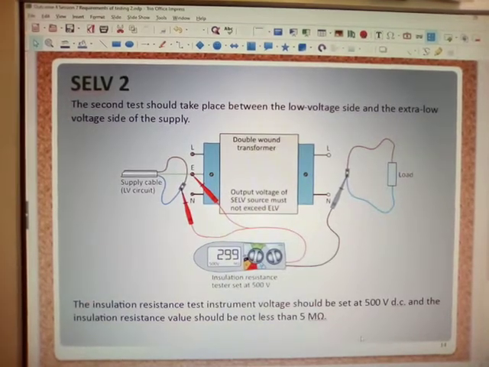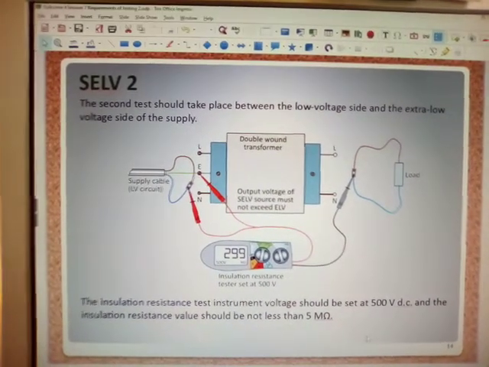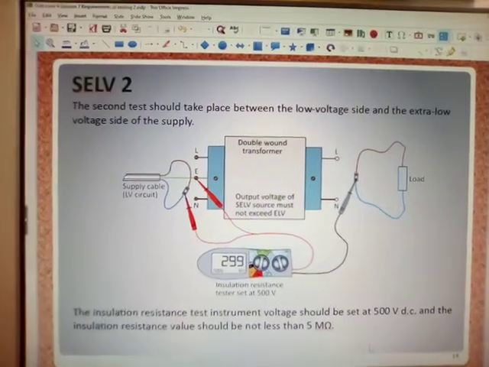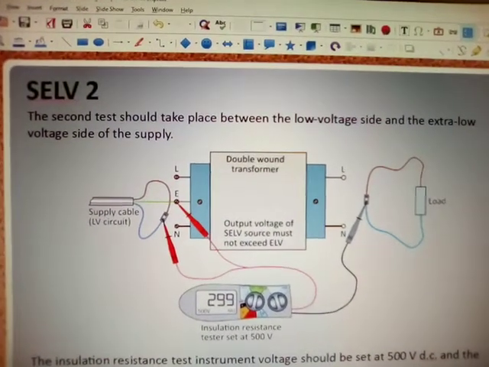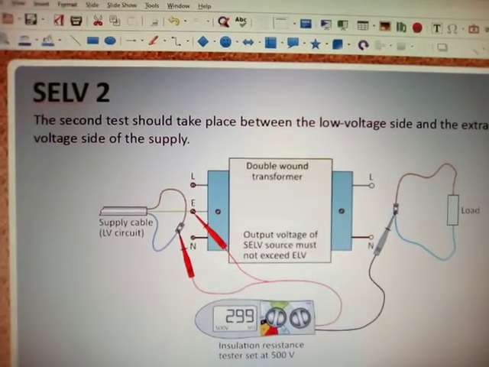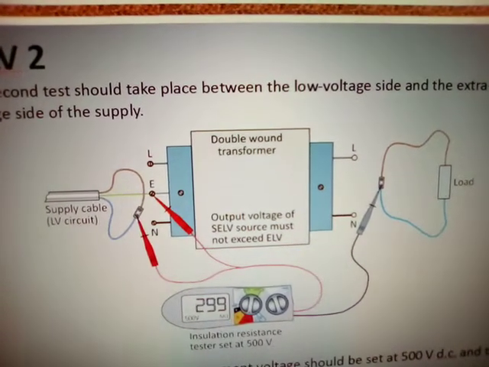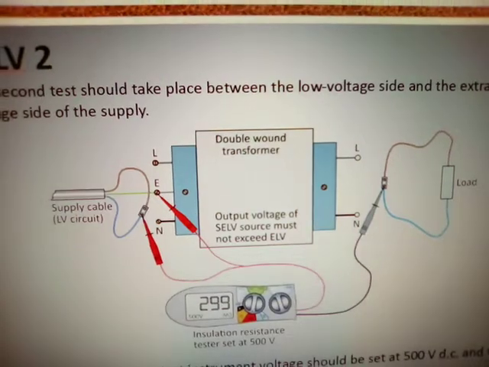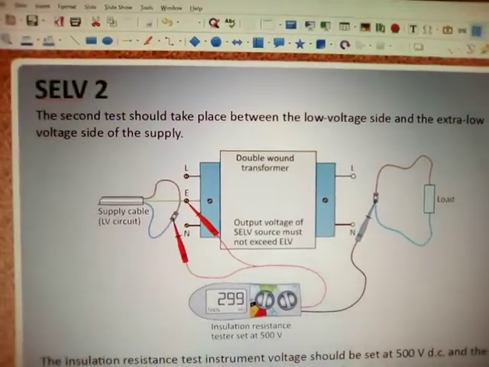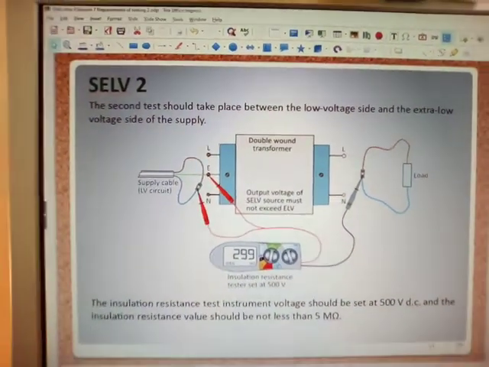You're testing for insulation resistance to ensure that there's no breakdown within your circuitry.